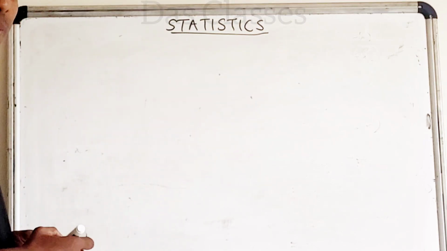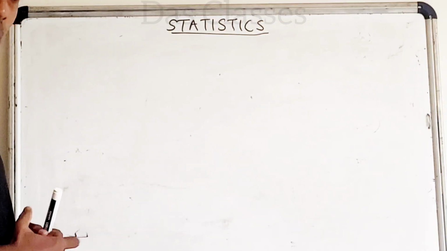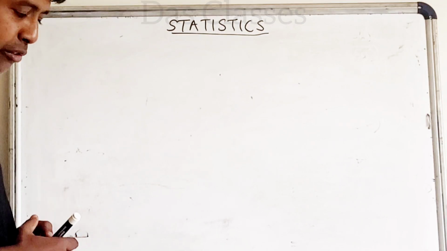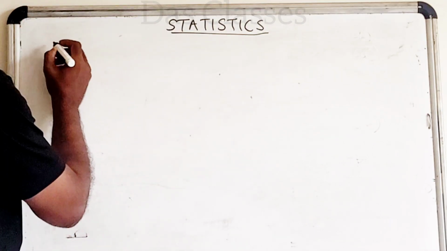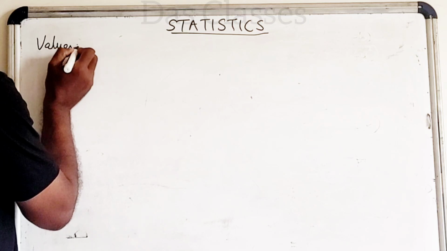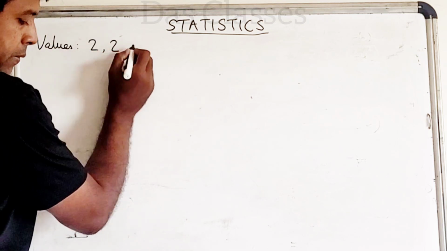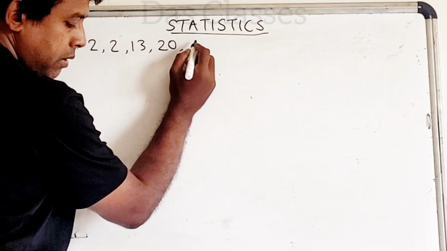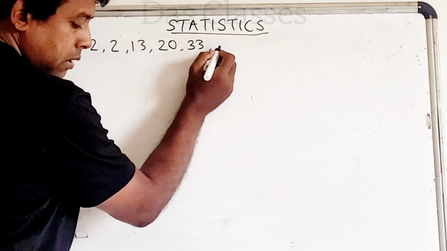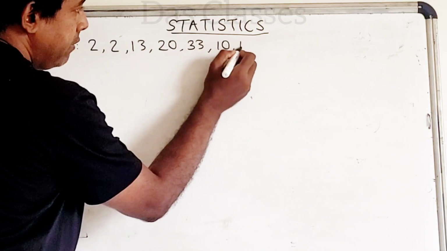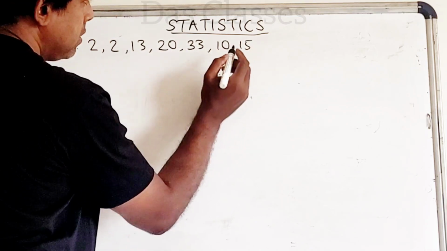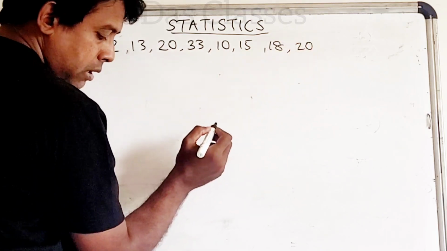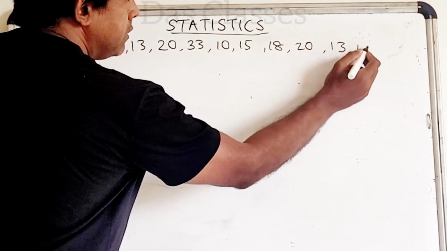And under statistics, we are going to study the various topics related to this. Before that, let's write down a few values. Suppose I write down the values 2, 2, 13, 20, 33, 10, 15, 18, 20, 13, 16.